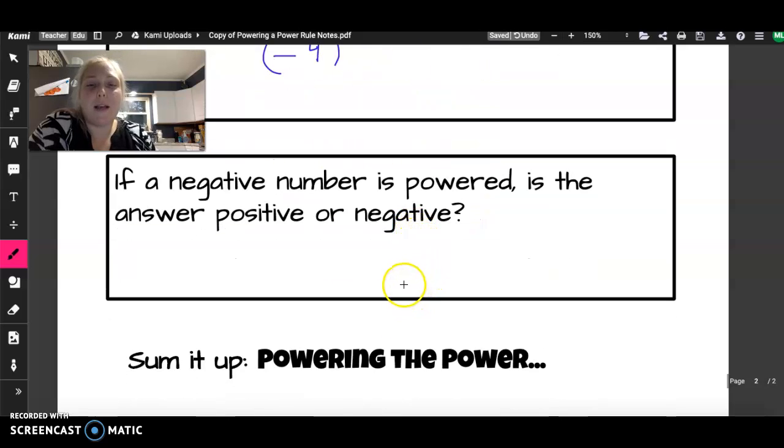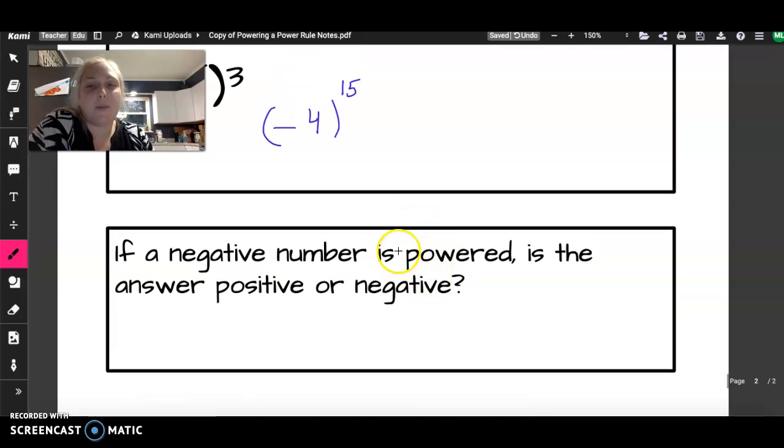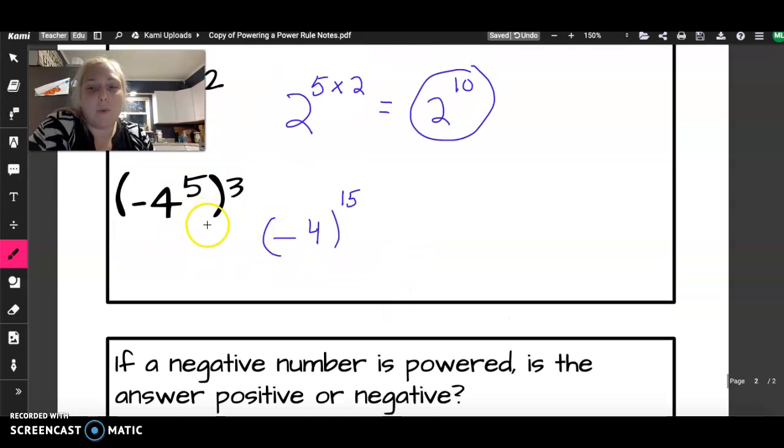Now we just have a little bit left here, and we need to think about this problem just a little bit more. If you have a negative number, what would your answer be? And I'm not talking about this because we've done this correctly. -4 is our base, and we're raising it to the 15th power because 5 times 3 is 15.